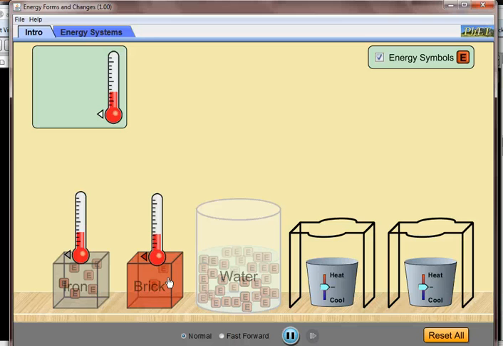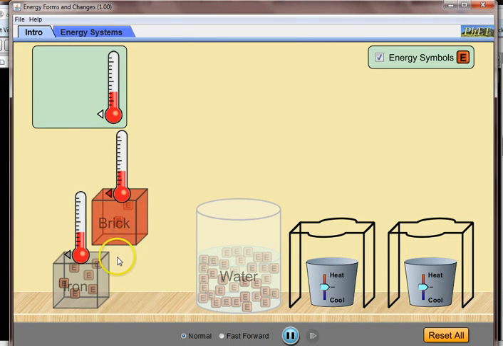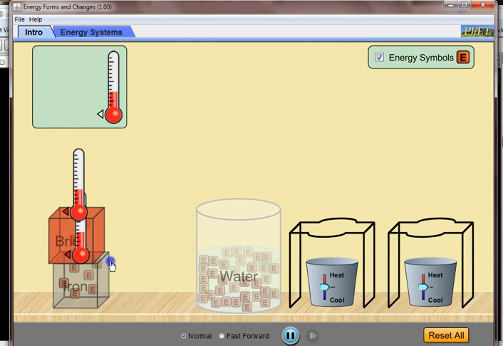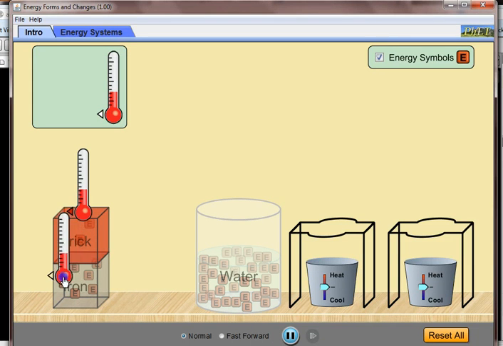Okay, now let's take the brick block and put it on top of the iron block. Okay, now what should happen is, maybe it won't happen that fast.